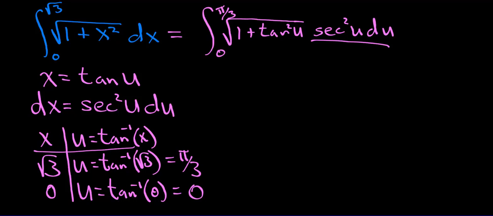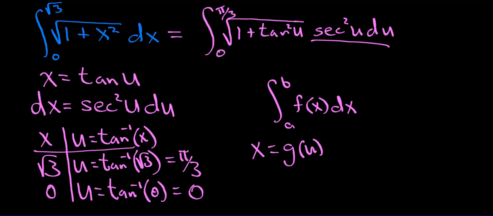So we did some substitution. Now, this was a particular way I looked at this. We could do this in general. We could have the integral from a to b of f of x, and we could do a transformation where we say x is equal to g of u, and then dx is equal to g prime of u du.